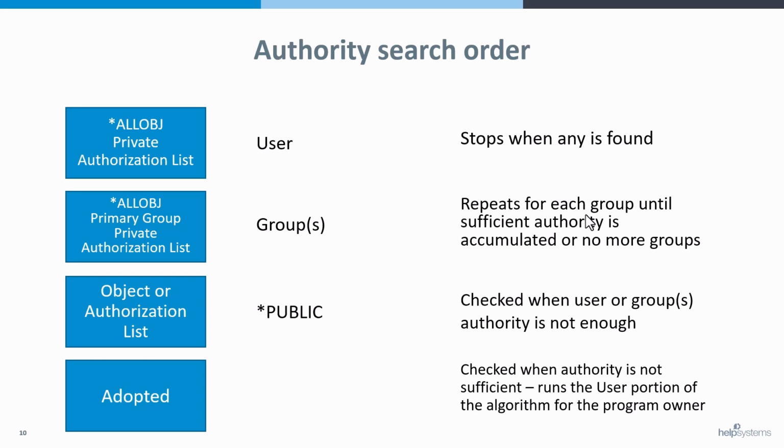And this is the authority that every user profile has on the system. It's referred to as public. First, public on the object itself will be evaluated, and then if the authority on the object is pointing to an authorization list, then the authority for public on the authorization list securing the object will be looked at.